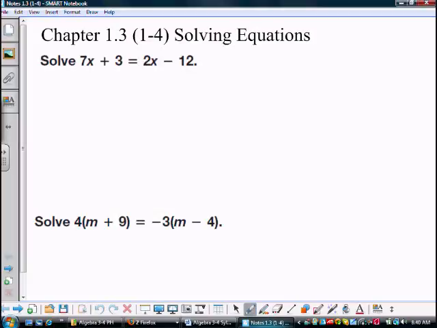First problem. What would you do first? Good, yeah. You go from the variables first because it tends to be a little easier to do that. So to move the x's on one side, what are you going to do? Minus 2x from both sides?